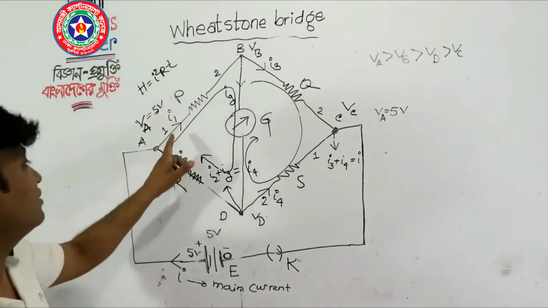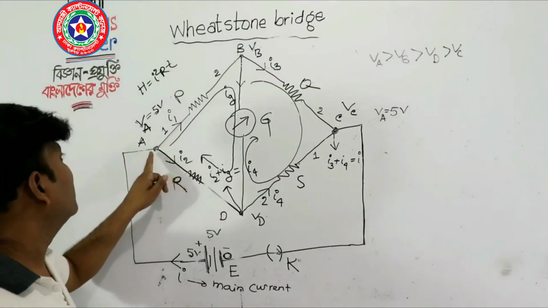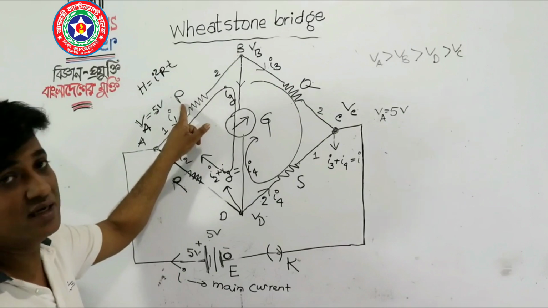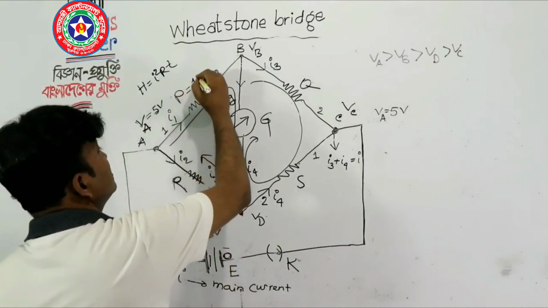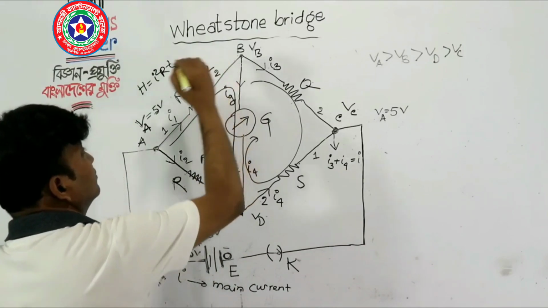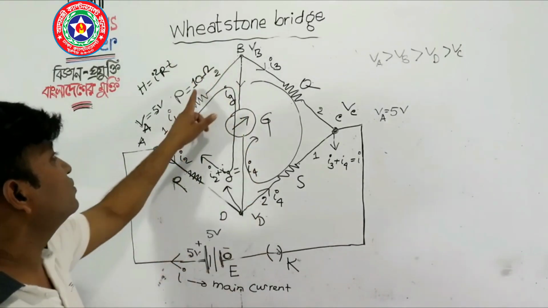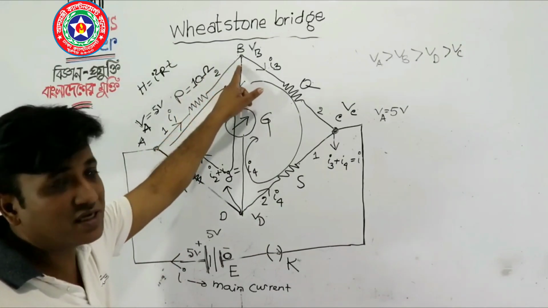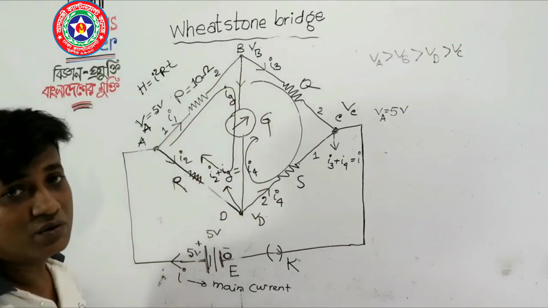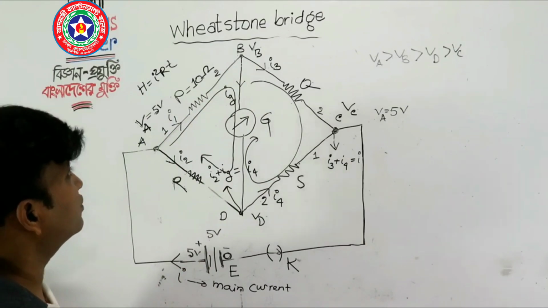Now along AB there is a resistance. Suppose the value of this resistance is 10 ohms. Due to this resistance there will be a voltage drop. Suppose due to 10 ohms the voltage drop is 3 volts.